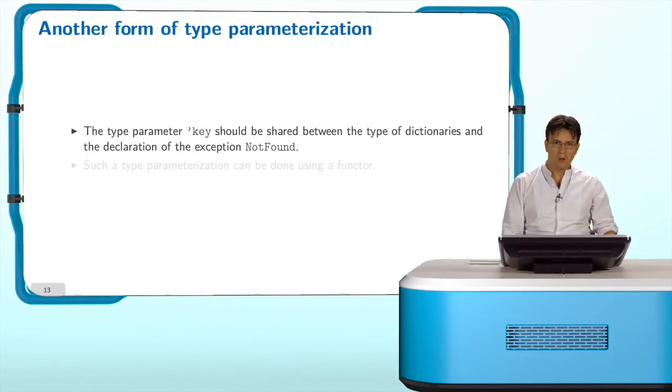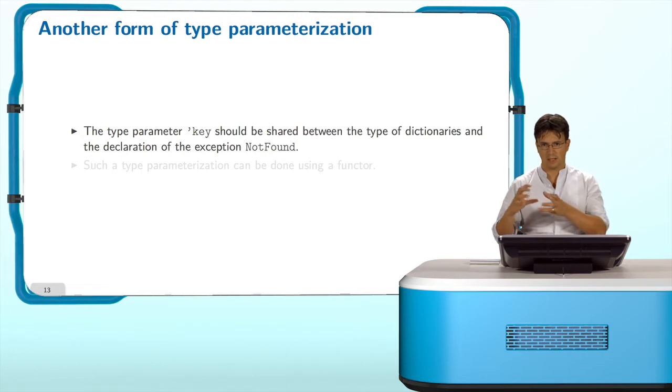So remember another remark that we have made about the case study in the last sequence. We have said that it was a pity that the exception Not_found cannot be adjusted in a way that it carries the key that has not been found.